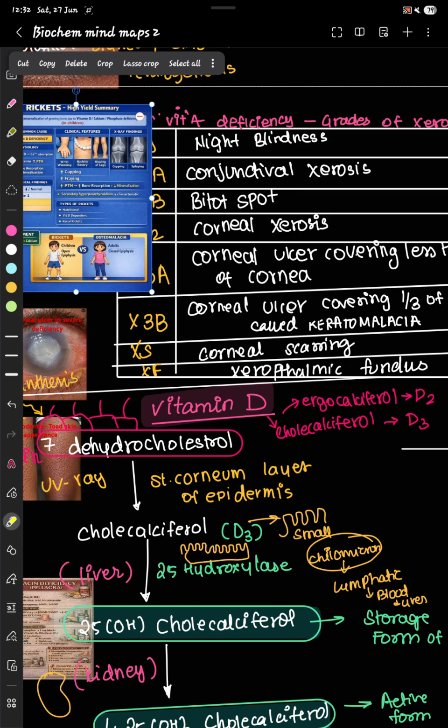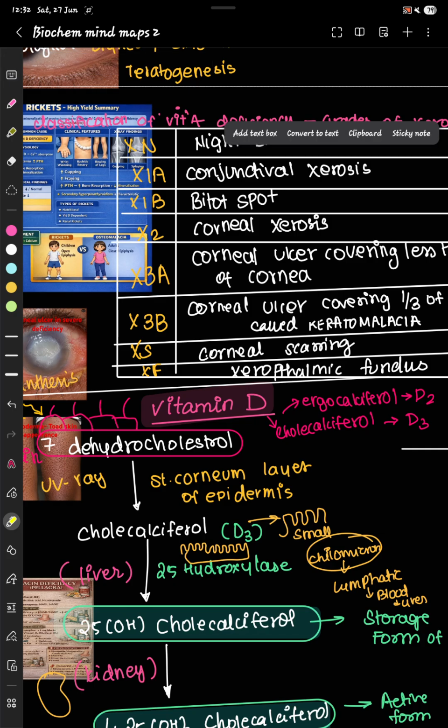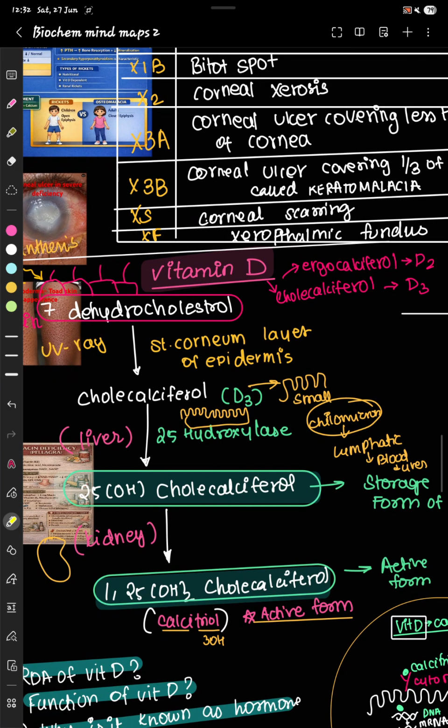They go into the small intestine, get absorbed into the chylomicrons, go into the lymphatics and then to the blood vessels, moving to the liver, where they get stored as 25-hydroxy cholecalciferol. This is the storage form of vitamin D.